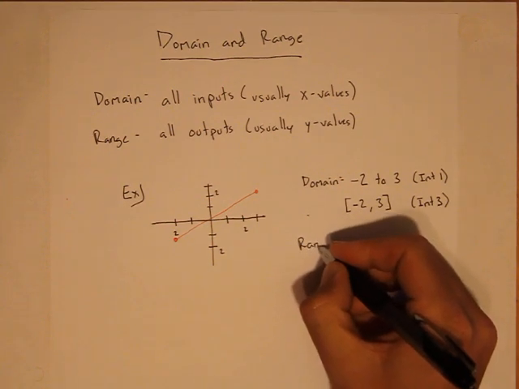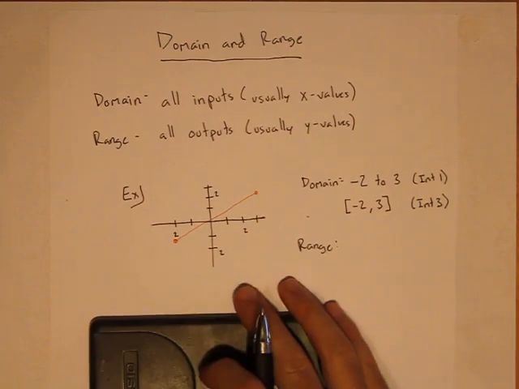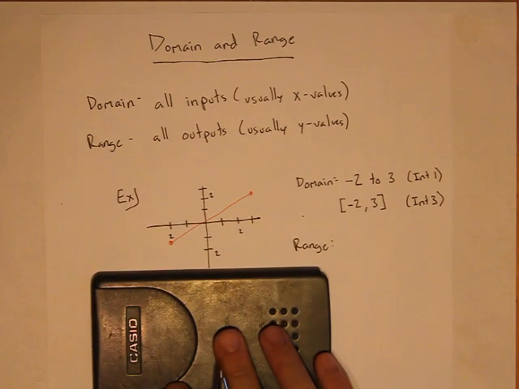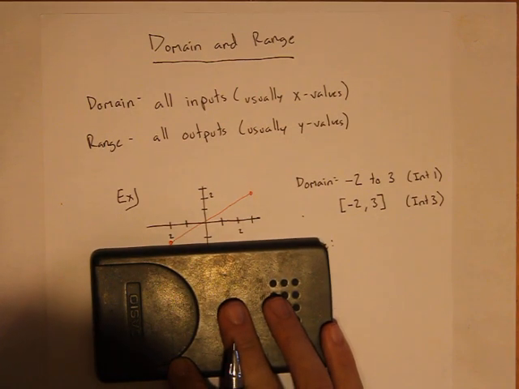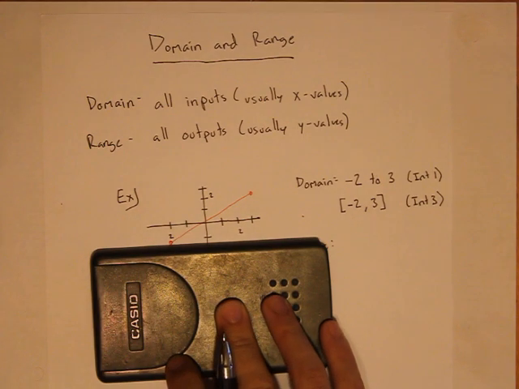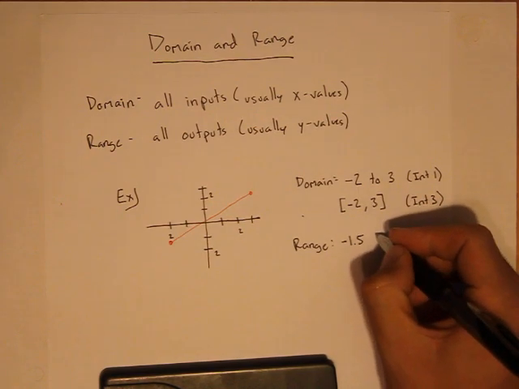So let's go on to the range now. Same idea, I'm going to go small to big, but it's the range, so I'm interested in the y-axis. So I'm going to move my straight edge up, and I didn't do the best job there. I'm going to say it's about halfway between, so I'm not just going to say -1, I'm going to say that that's -1.5. Okay?